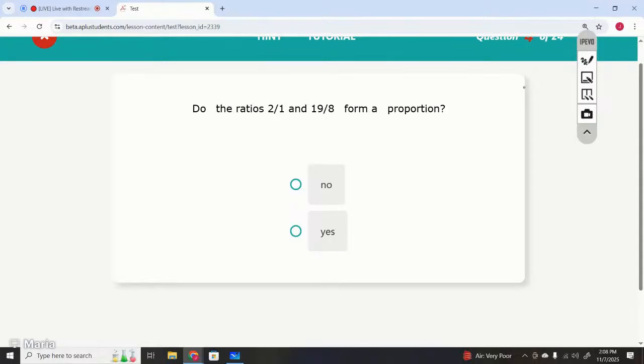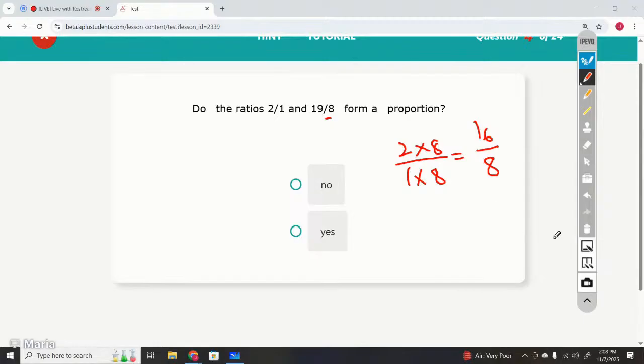Do the ratios 2 by 1 and 19 by 8 form a proportion? Let's make their denominators the same. 2 by 1, let's multiply the fraction by 8. So 2 times 8 is 16 and 8 times 1 is 8.